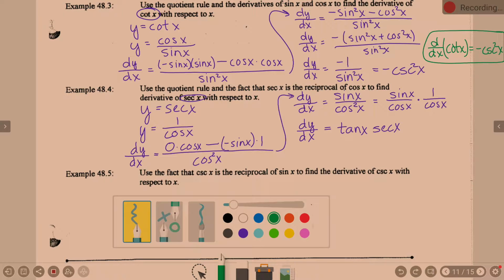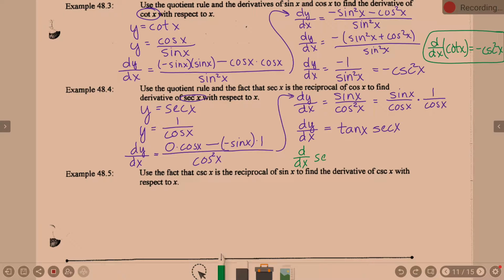So I'm going to say d dx, the derivative of secant x, is tangent x secant x. Again, my summary statement. Only because it's difficult, you get to the end, you're like, okay, the answer is tangent secant, but what did I start with? So I'm just trying to summarize it there for you.